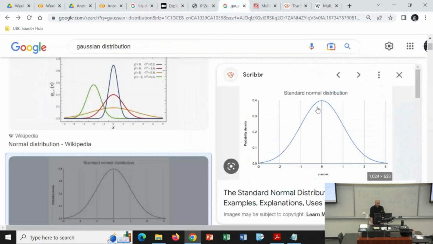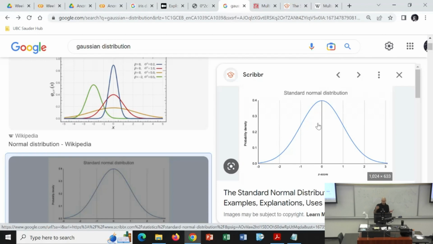So this is the normal distribution for univariate data. So X is only one feature, and the y-axis represents the density of the distribution.